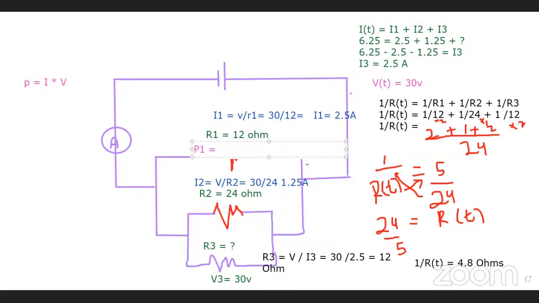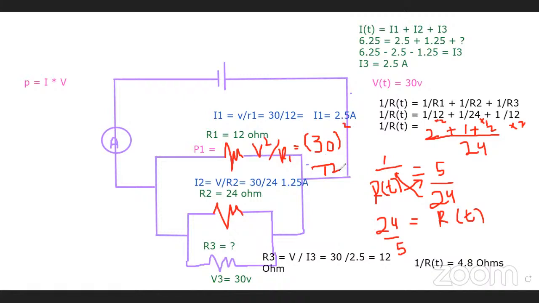Voltage square, divided by R1. What is the voltage? Voltage is 30. We will take the square of 30 divided by R1, which is 12.